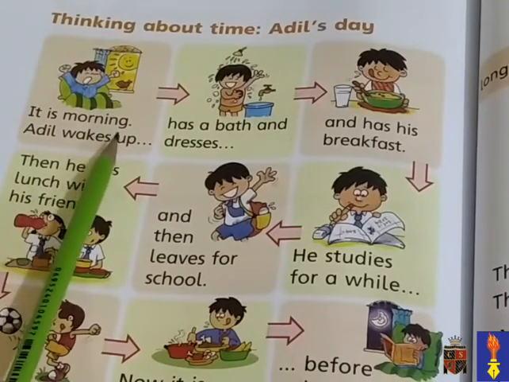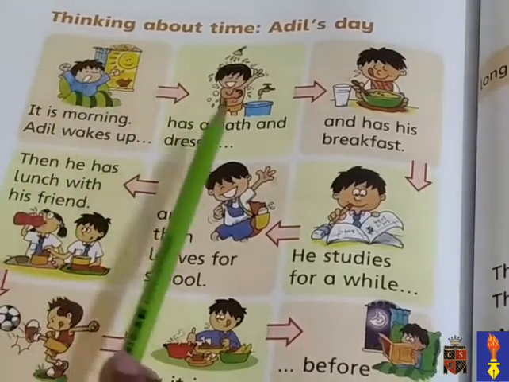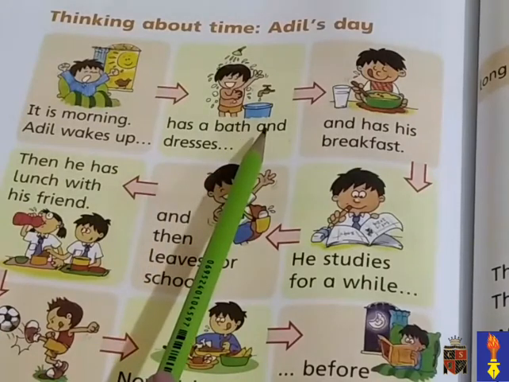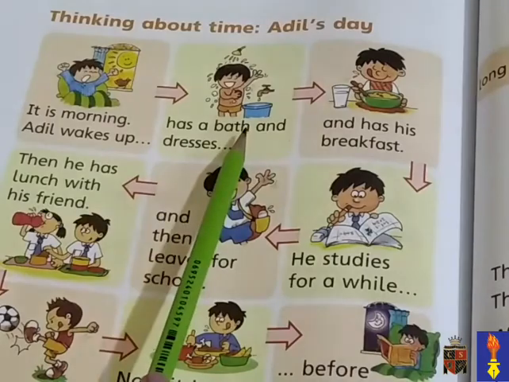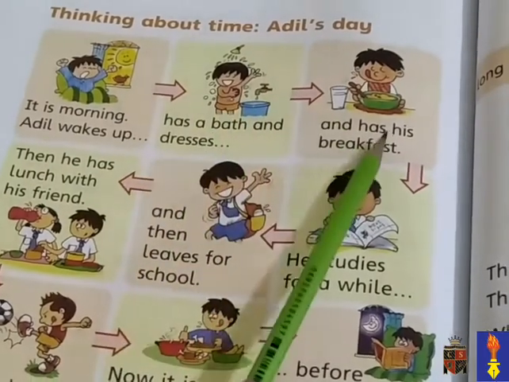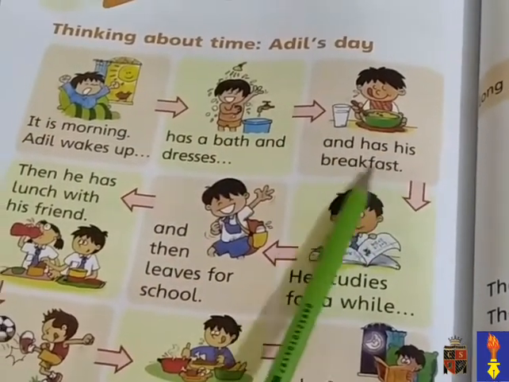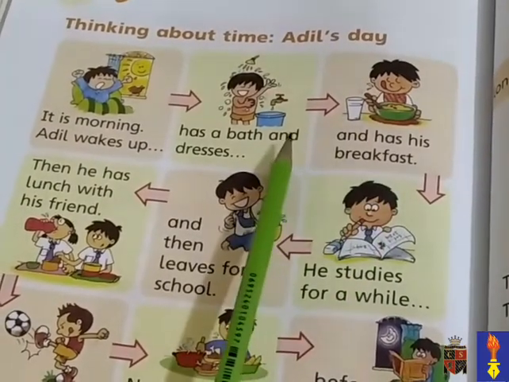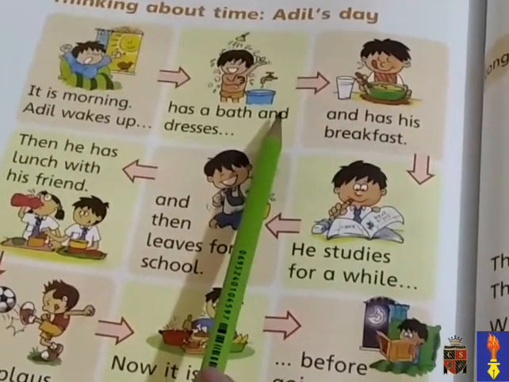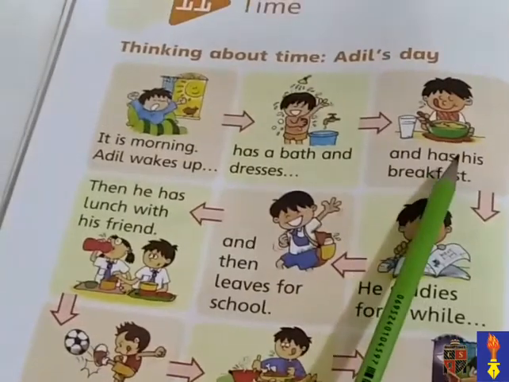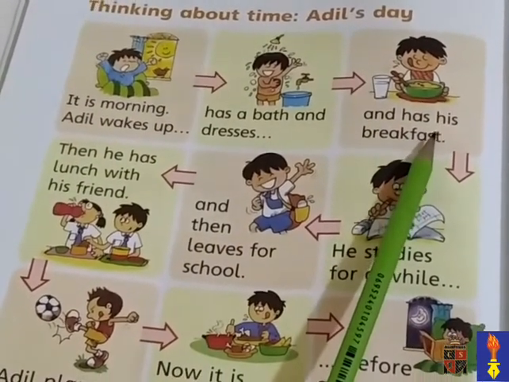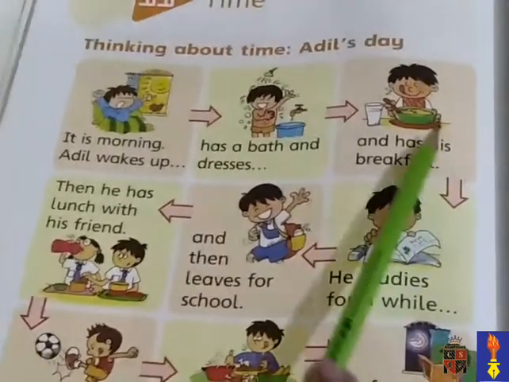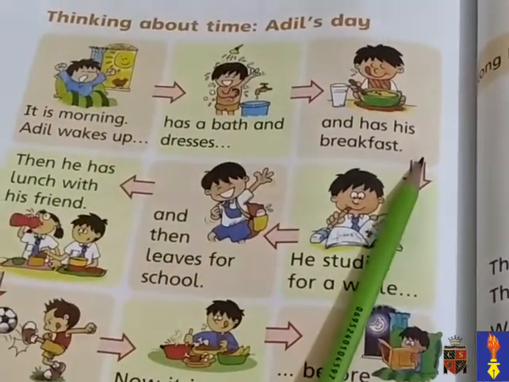And Adil wakes up. Then he takes a bath and dresses. Okay, after that, he has his breakfast. After taking shower and dresses, he takes breakfast, and this is called a morning time.